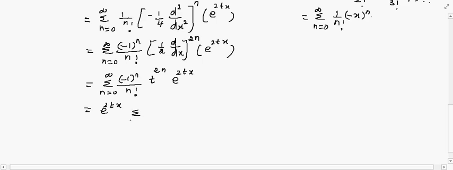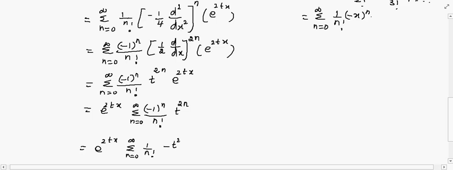Hence this term will become sigma n equal to 0 to infinity minus 1 power n by n factorial into t power 2n. I will take this minus sign and combine with this, so it can be written as e power 2tx into sigma n equal to 0 to infinity 1 by n factorial into minus t square whole power n.